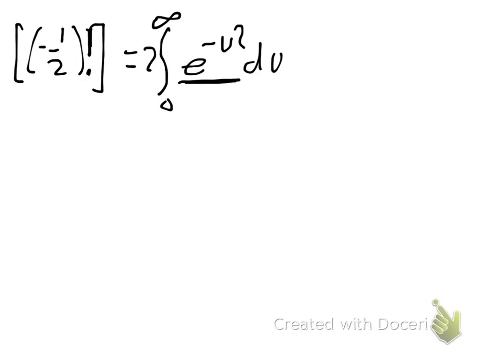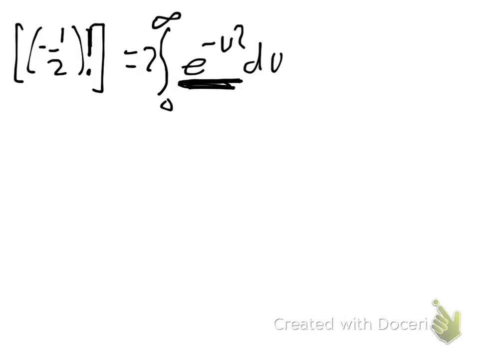So since it's an even function, it's symmetric about 0. So whatever the integral of this from 0 to infinity is, will also be the integral of this from negative infinity to 0, because it's symmetric.